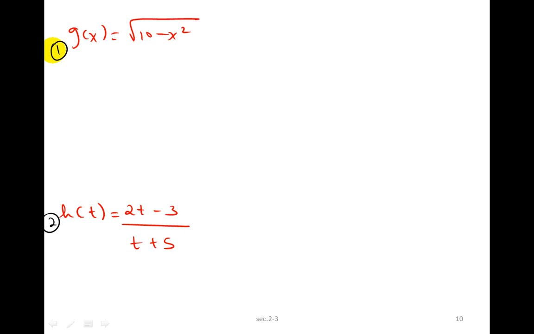I'll start with the first one. Once you say zeros of a function, that means, as I told you, f of x equals 0, or whatever of x, or whatever the function is, is going to be 0. So make this one equal to 0.